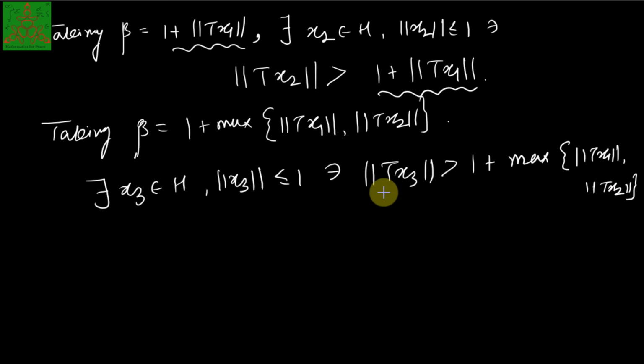Continuing like this, next time we take beta equal to 1 plus the maximum of norm of T x1, norm of T x2, norm of T x3.